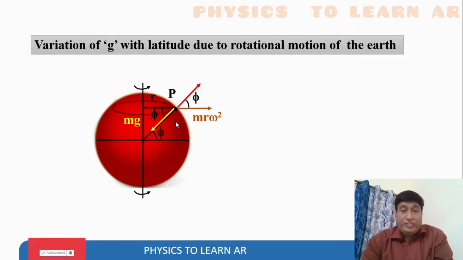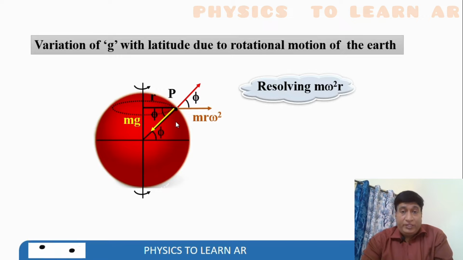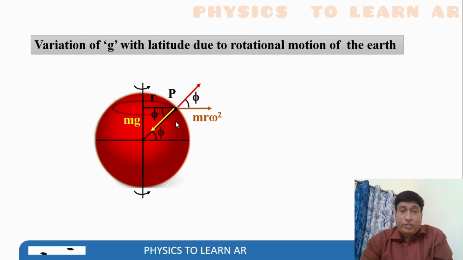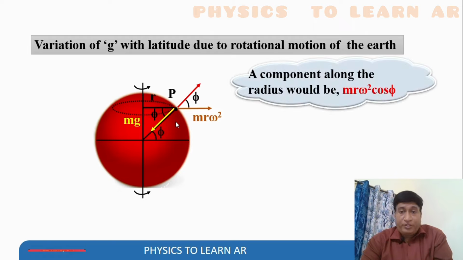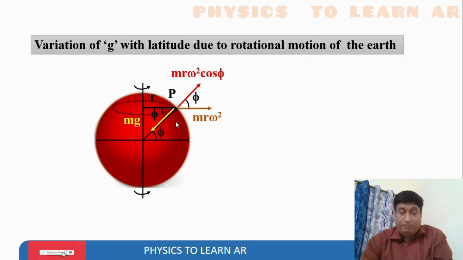So mg is balanced by which force? For that, we resolve this centrifugal force m omega square r. The component along the radius would be m r omega square cos phi.